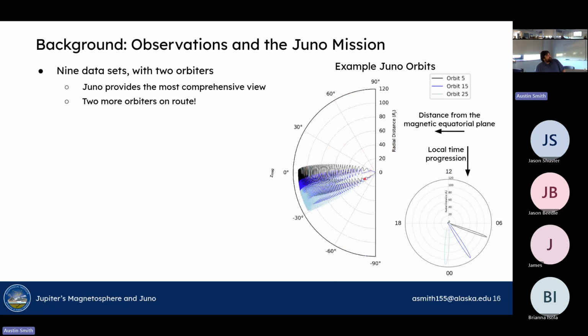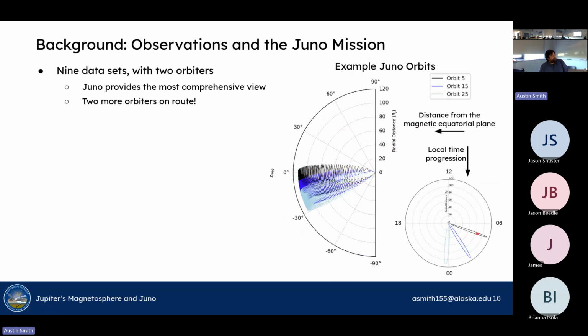But Juno is a polar orbiting spacecraft. So here is the magnetic equatorial plane, and you can see different orbits. Orbit 5 is in black, and the orbit is gradually precessing so that the perijove is going to sit above the northern hemisphere of the planet. And the perijove is now basically directly below the planet.